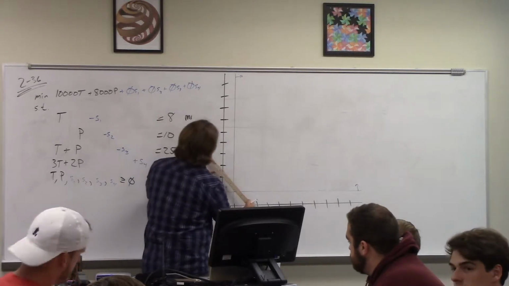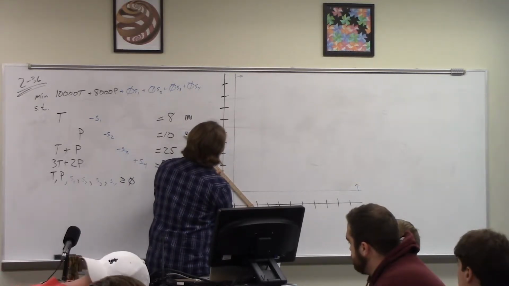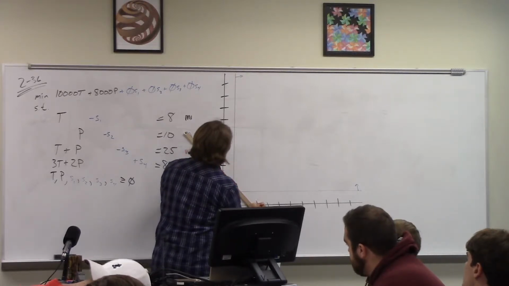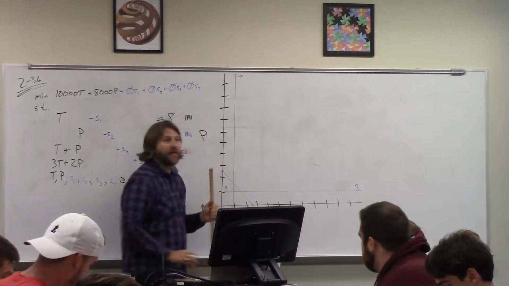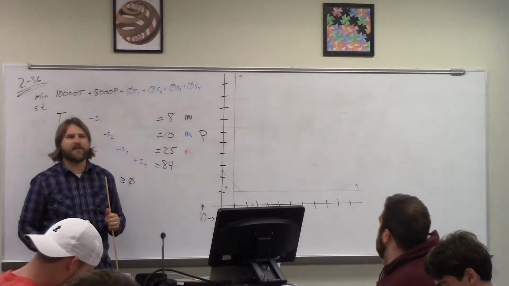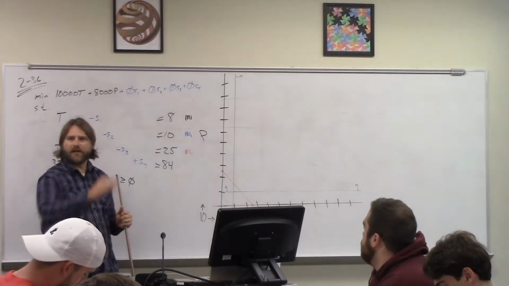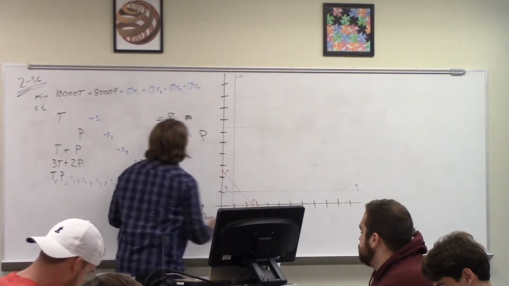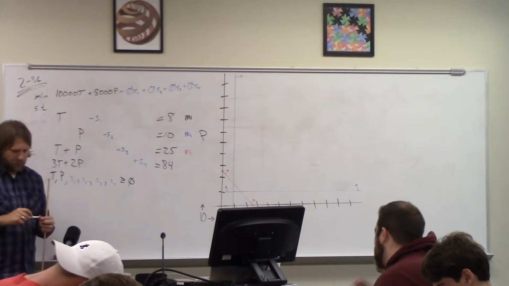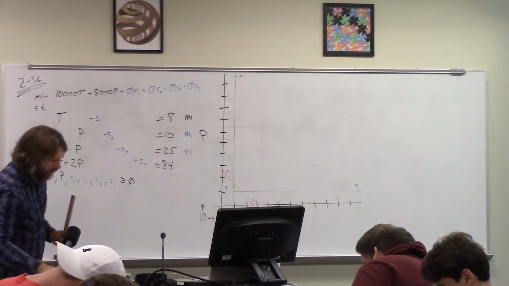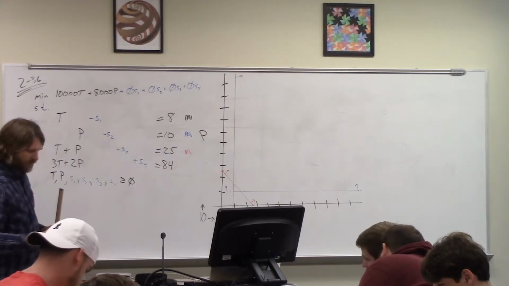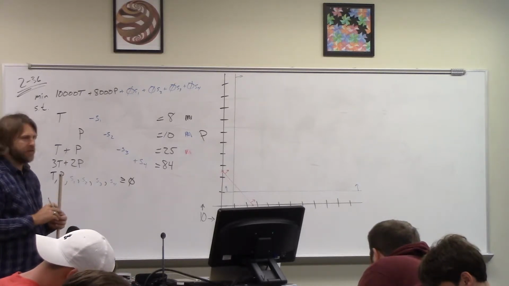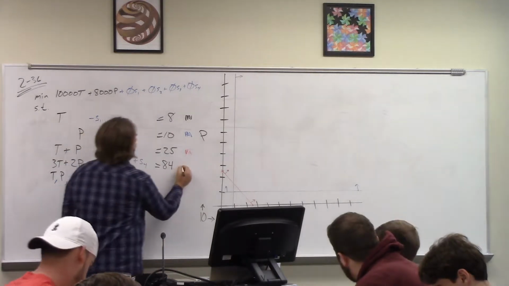And we can just connect that right there. And what direction are we going there? Where's the feasible region? It's above it, right? I'm out of colors because my green marker isn't working so hot, so I'll just use a dashed line here.